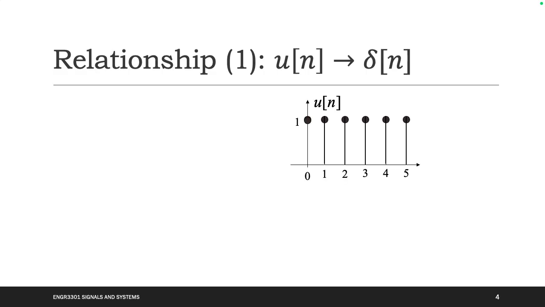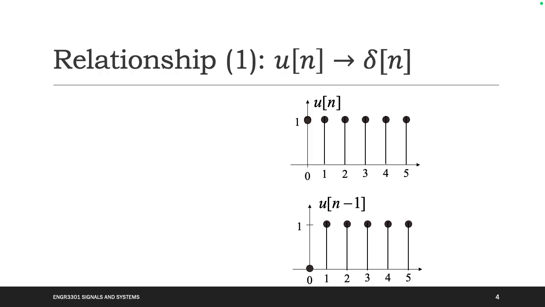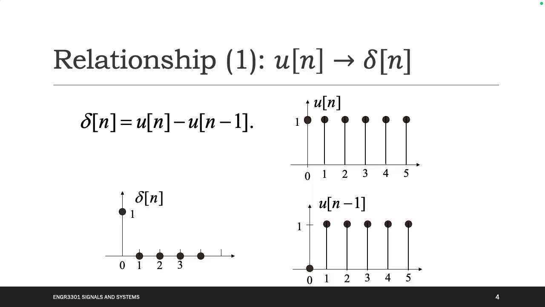This is u n, this is u n minus 1, which means a right shift, am I right? When you use this one minus this one, it's just like leaving the value here. That makes sense to you? So delta n equals u n minus u n minus 1. After the difference, you can use the unit step function to get the unit impulse function.